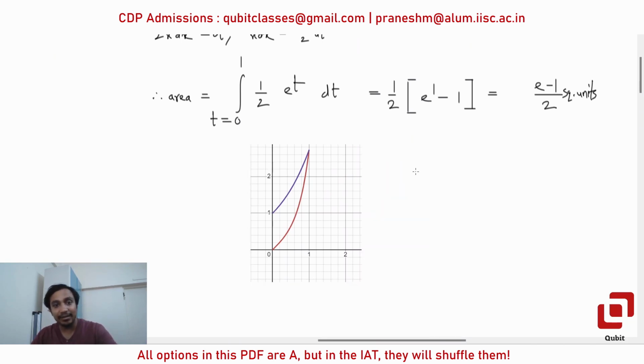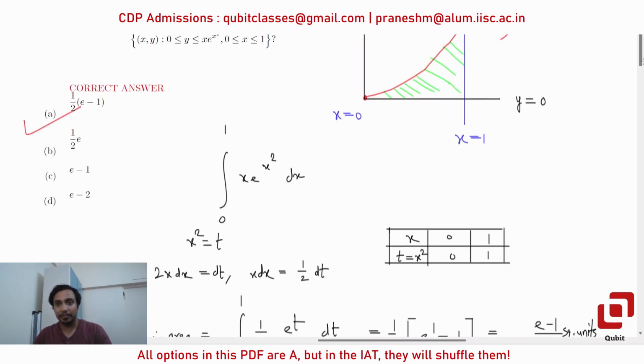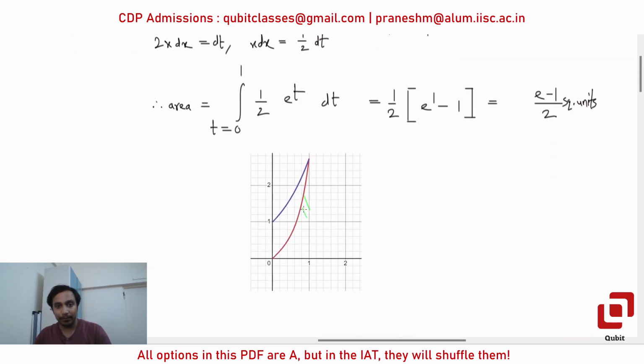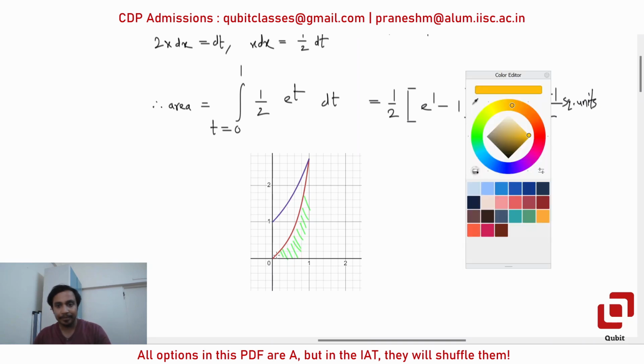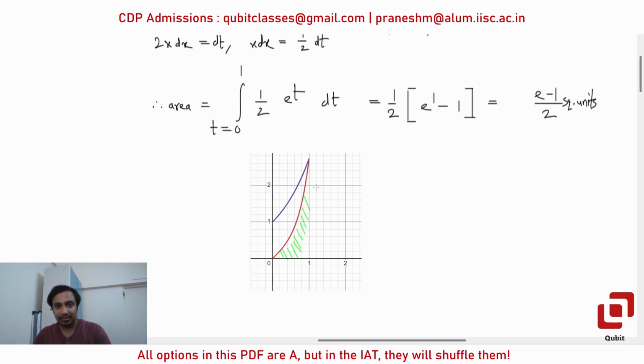It basically means the following: the green area that we have computed just now, and let's say this chocolate area, they both are the same. So this kind of acts as the bisector of areas. This area is also (e minus 1) upon 2, and this area is also (e minus 1) upon 2.